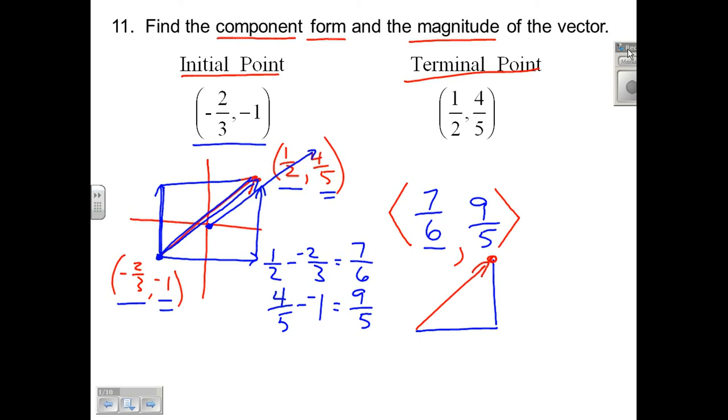Okay, so pretty simple process to understand, I believe, and pretty easy process to go through as well. Now, as far as magnitude goes, magnitude is just asking how far did I slide the chair? If I slid the chair along this line, creating this right triangle, 7/6 by 9/5, the magnitude is this distance right here. I'm going to call it r.